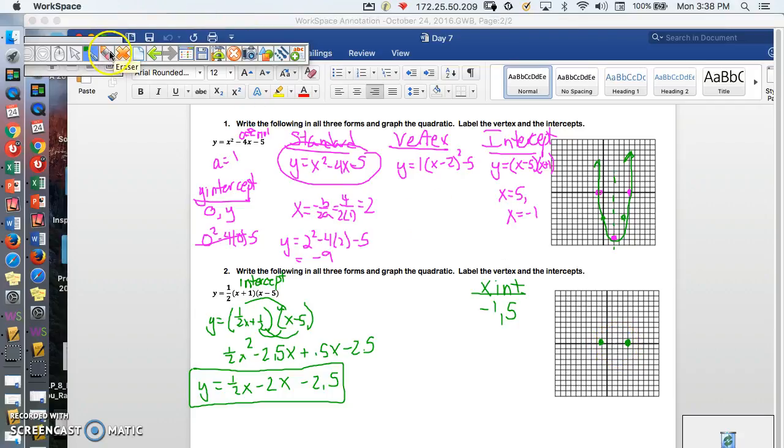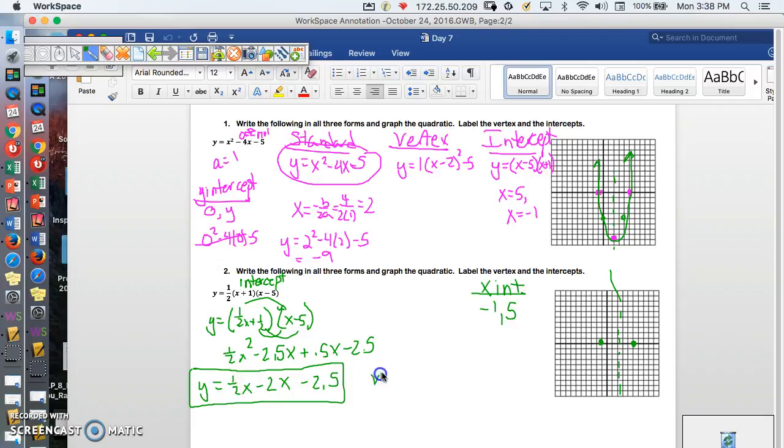I think I did that one at 4. I'm sorry, I have a hard time counting on here. 1, 2, 3, 4, 5. So right in the middle is our axis of symmetry, so it's got to be at 2.